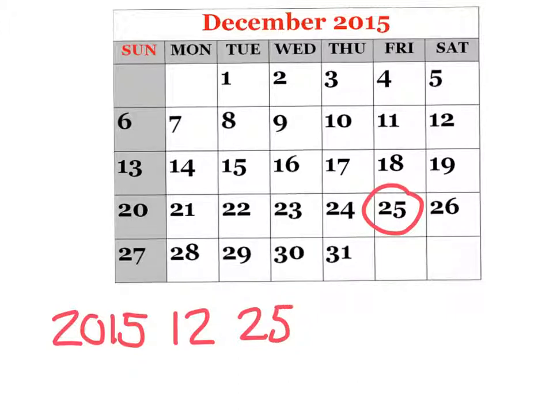Some people also like to use just the 2 digits for the year. So it's possible that you might see it written as 15, 12, 25, which would tell me it's 2015, the 12th month, the 25th day, December 25th.